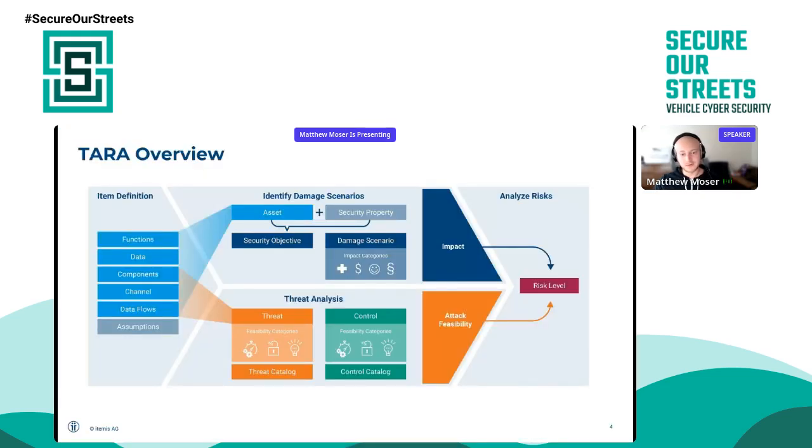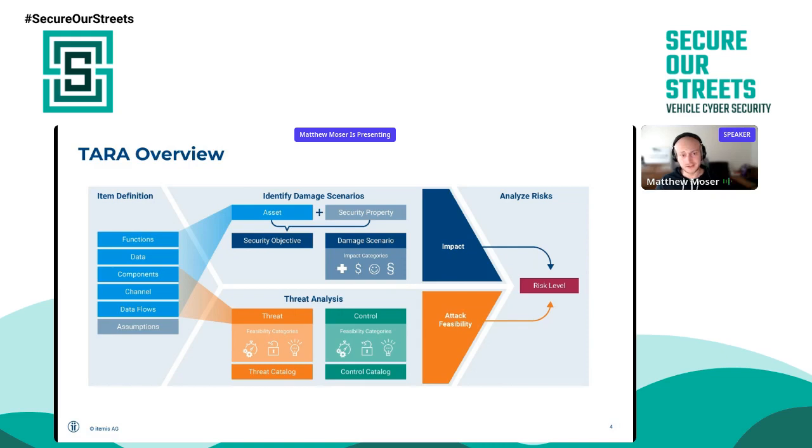Going over the TARA process briefly, the section on the left is the item definition. Here we can see all of the physical or even just logistical aspects of the product. It includes function, data, components, channels, data flows, etc. The top row here is taking those assets that were defined within the item definition and then applying security properties for ISO 21434.